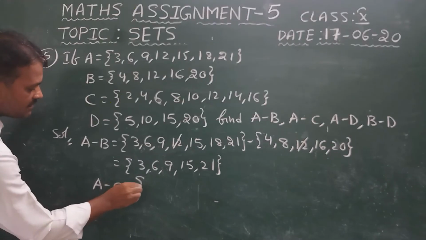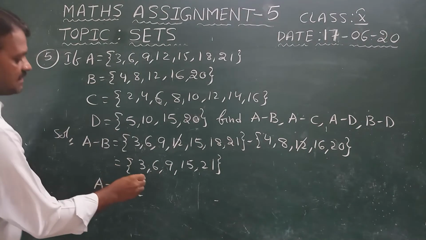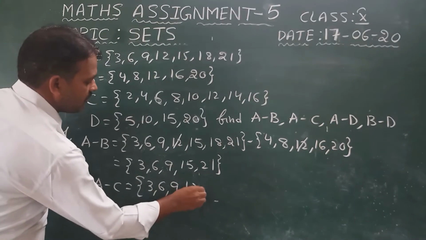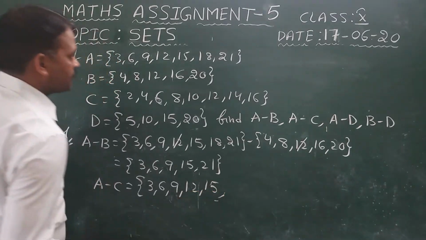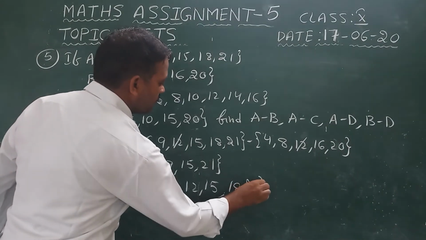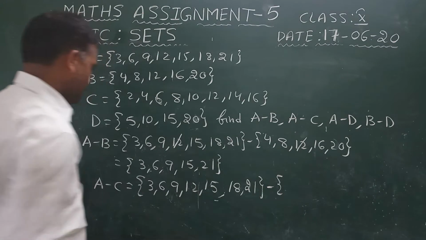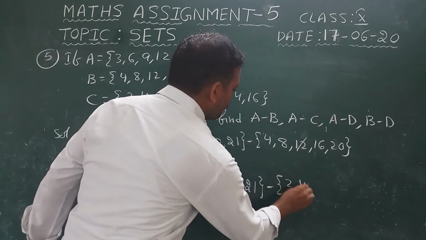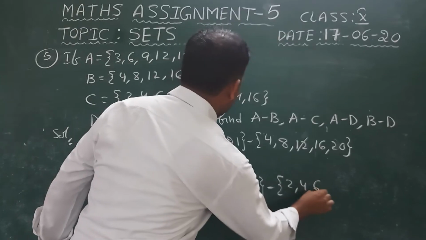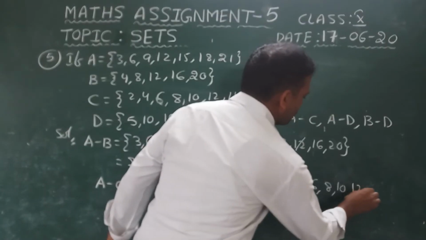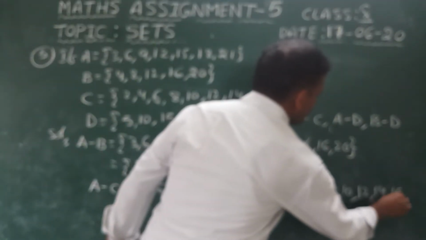Similarly, next I need to find A minus C. A minus C means, what is A? A is again 3, 6, 9, 12, 15, 18, 21 minus C, and what is C? C is 2, 4, 6, 8, 10, 12, 14, 16.